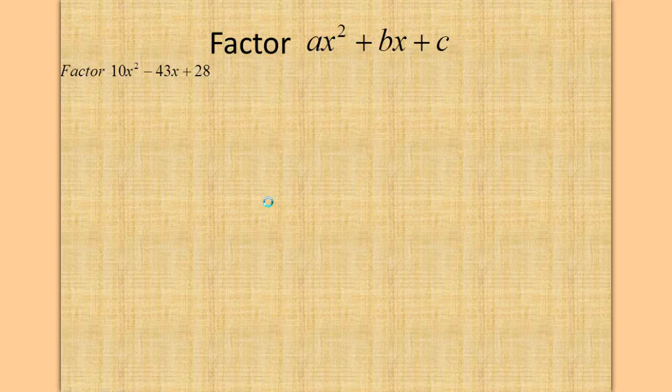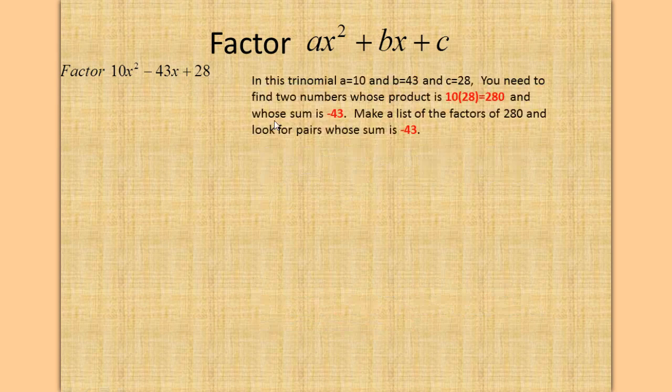Let's try another. Our equation is 10x squared minus 43x plus 28. In this trinomial, a equals 10, b equals minus 43, and c equals 28. You need to find two numbers whose product is 10 times 28, which equals 280, and whose sum is minus 43.